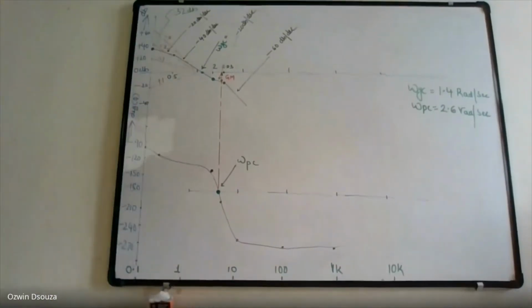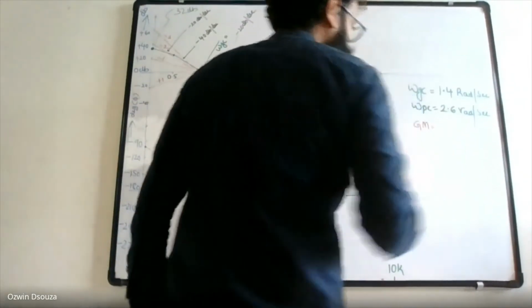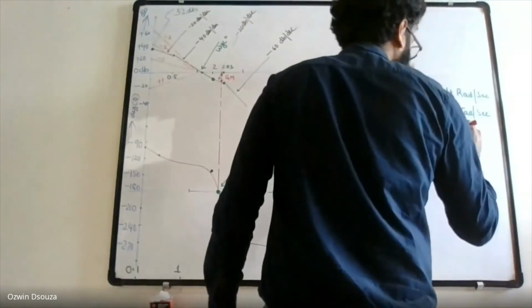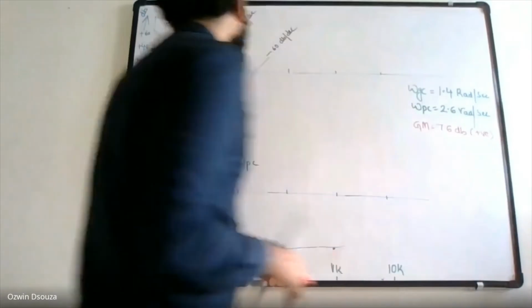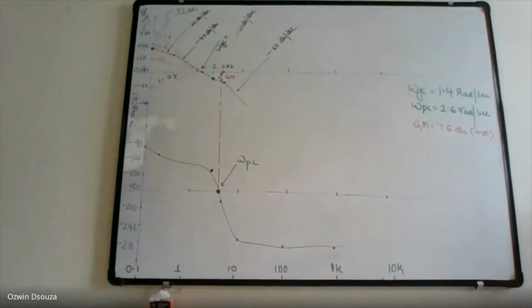So gain margin is somewhere about 7.6 dB. Remember, which is positive because this gain margin is found below 0 decibel line.